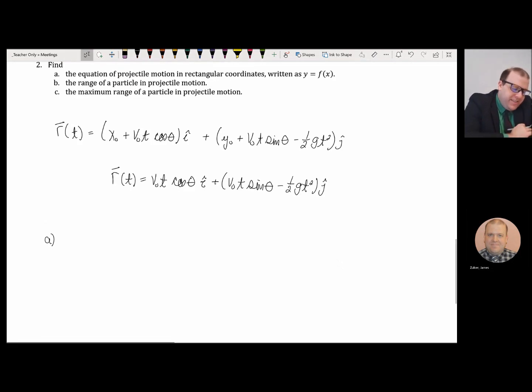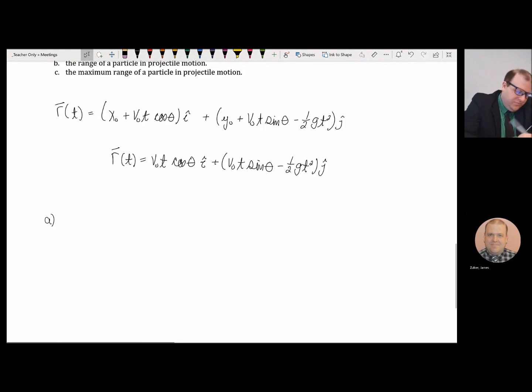We want to write this as a function y equals f of x. So first, solve the x component for t.